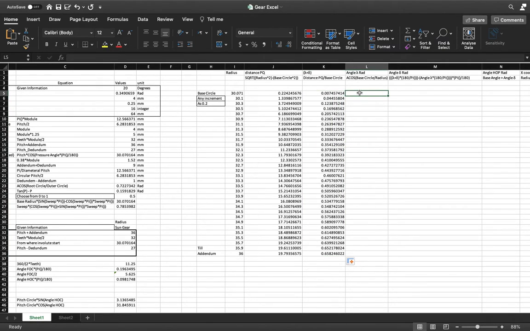Now the angle rods is equal to A cosine base divided by radius. I hope this is correct. Base circle, A cosine. I have to fix this.